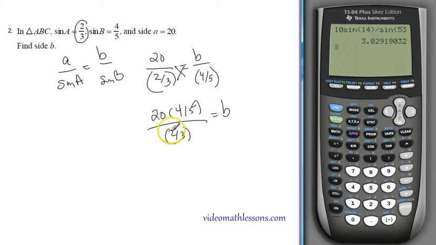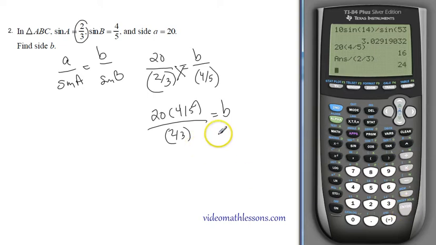So now I'm going to type this in the calculator with parentheses, being extra careful. So 20 parentheses, 4 divided by 5. Enter. Divide by 2/3. And we'll put parentheses over the 2/3. And we hit enter, and the answer is 24.